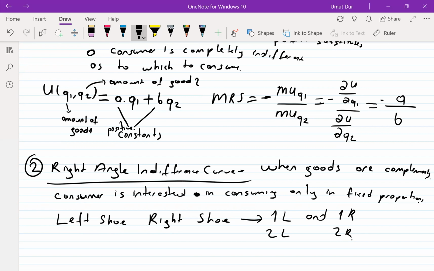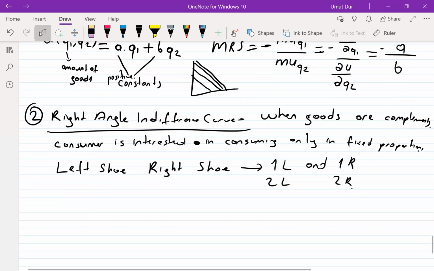You don't want to just increase your consumption of the left shoe without increasing the consumption of the right shoe. Let me draw the figure for the initial one, the straight line. So these are the straight line indifference curves.